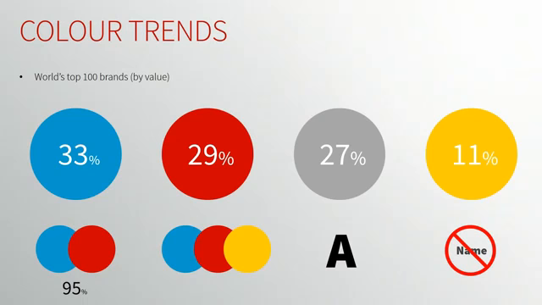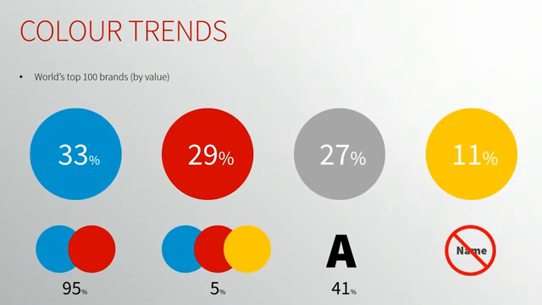So, like I said, 95% use only one or two colours. Bear this in mind when you are creating your own brand or your own logos. Only about 5% will use more than two colours. This is quite interesting as well: of the top 100 brands in the world, 41% use just text. So there's no little icon or iconography, the brand is just text.